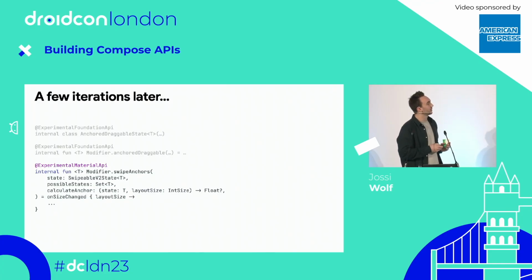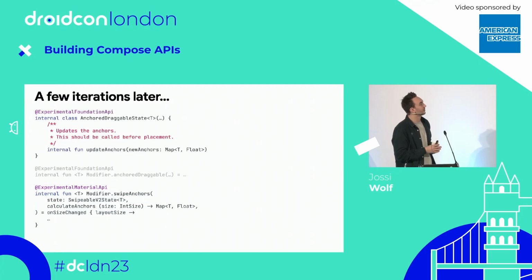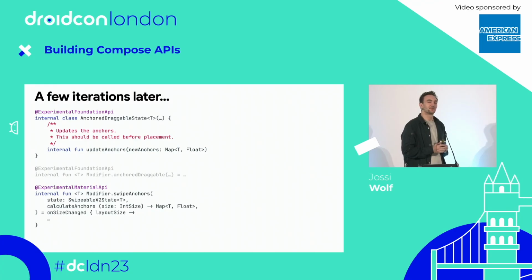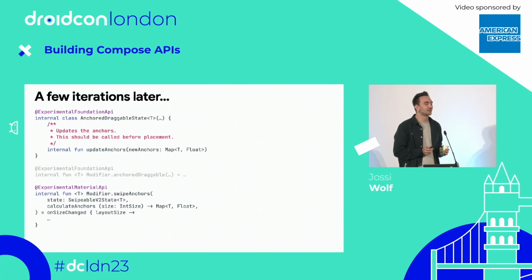And after that, we were able to remove the possible states field, which is nice. And the reason we had this API was that we had a method on anchor draggable state that was called update anchors. But it had this really weird contract that was, you should really only call this before placement. You should make sure that all the data is available at a certain time, which isn't a great developer experience.